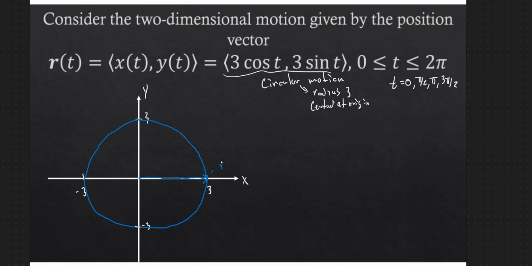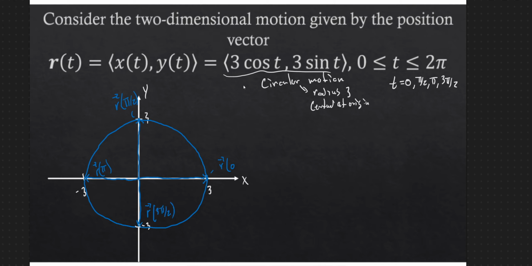And so r of 0 is that vector. r of pi over 2 will be here. Again, you can recover that by just plugging in pi over 2. Cosine of pi over 2 is 0, so I'll have a 0 x component and 3 in the y component, and I can plot that. This is why it's moving circularly. r of pi will be over there, and finally r of 3 pi over 2 will be here.